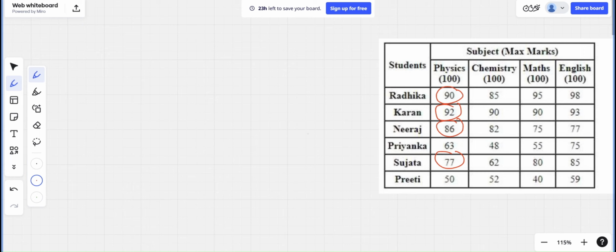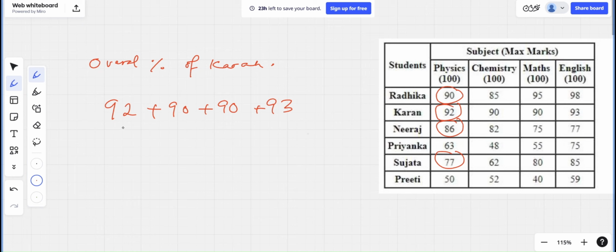And the second question is, what is the overall percentage of Current? It's quite simple. The marks of Current are 92 plus 90 plus 90 plus 93. You will divide it by how much? For overall percentage, you have to divide by the full marks.